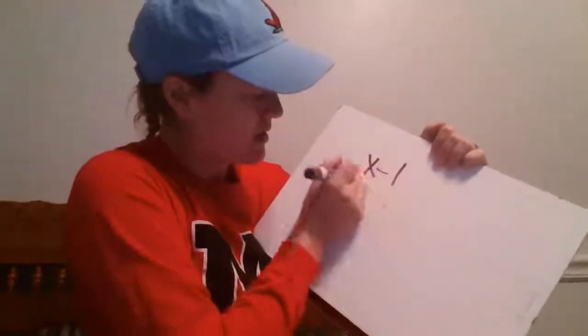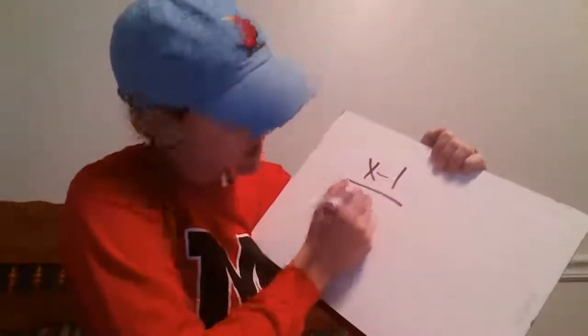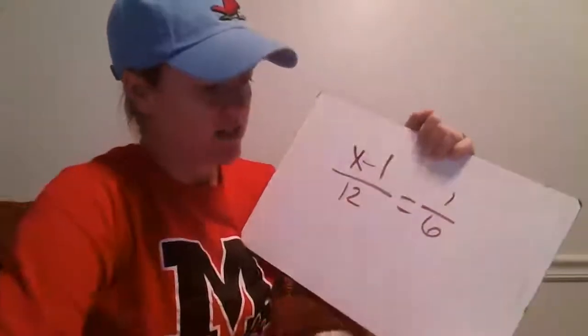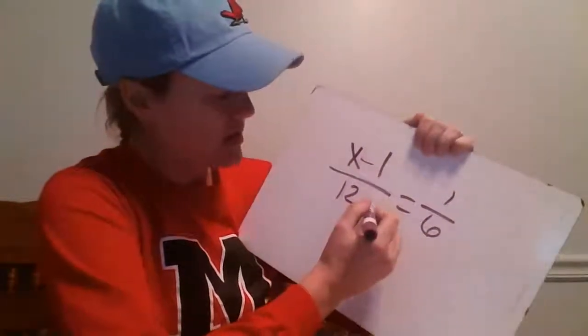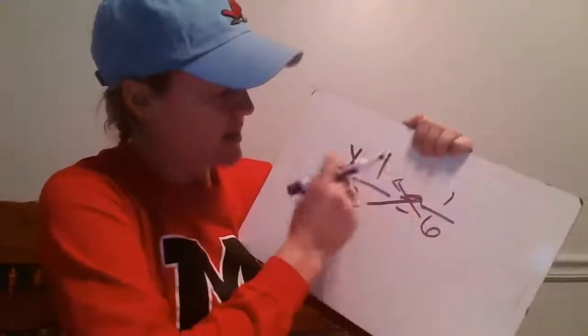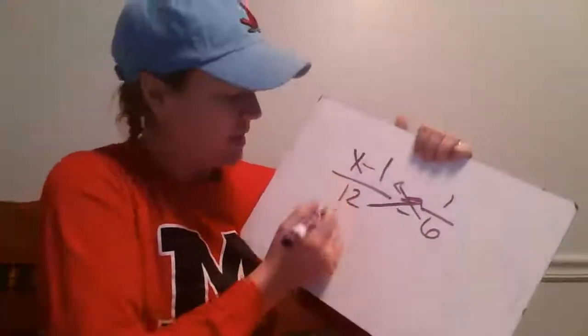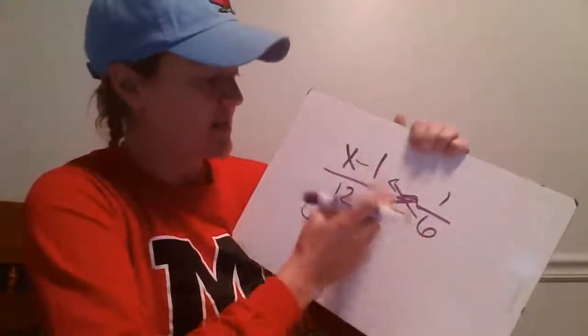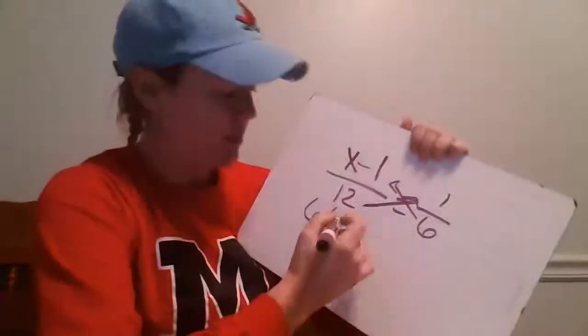So B says x minus 1 all over 12 equals 1 over 6. Okay, so my cross product, I'm going to multiply 12 and 1 and 6 times x minus 1. So I would take 6 and parentheses, since I need to multiply 6 times x minus 1, I'm going to put it into the parentheses.